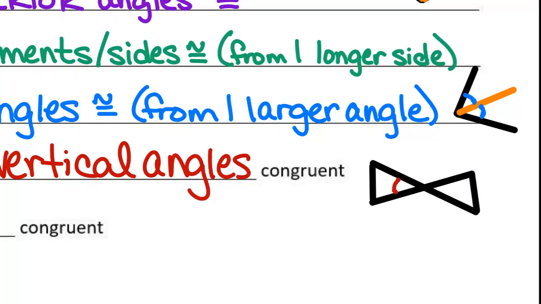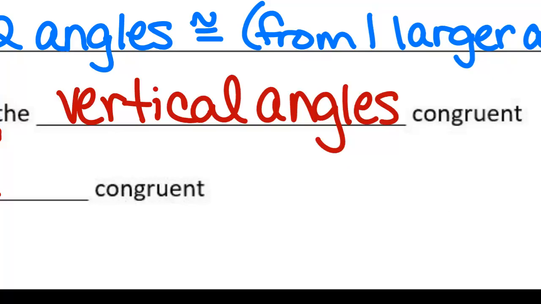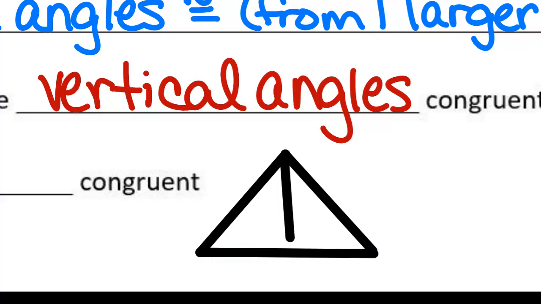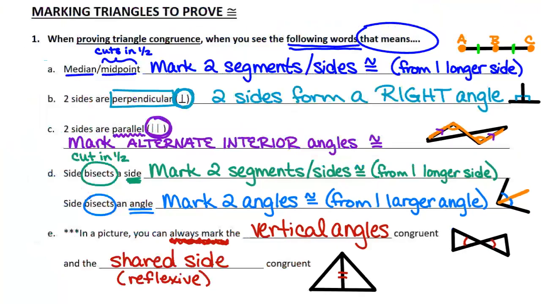So vertical angles always get marked as congruent, and shared sides always get marked as congruent.